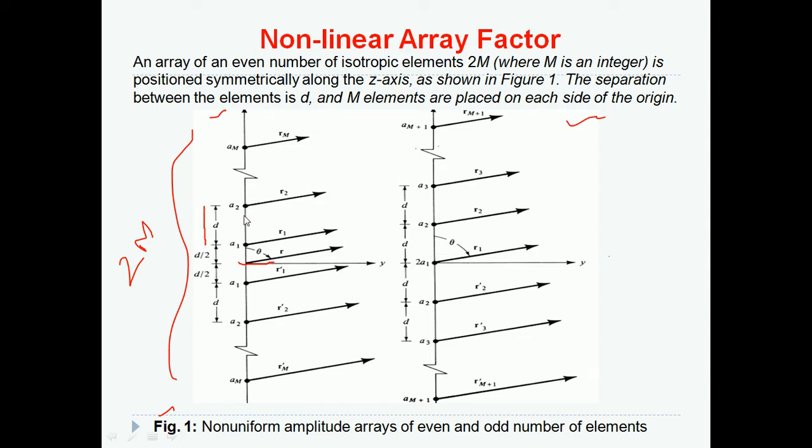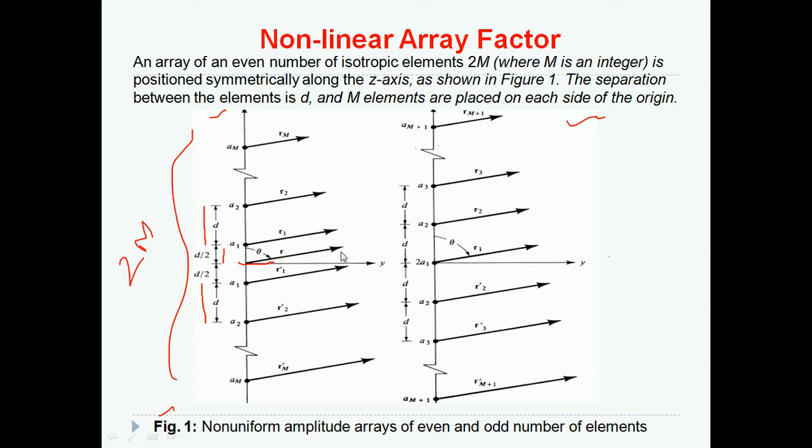Likewise, on the other side of the axis, you have the same distance between A1 and A2. One thing we can observe here is that the elements are placed at a distance of d by 2 from the origin along the axis, but they are absent at the origin.